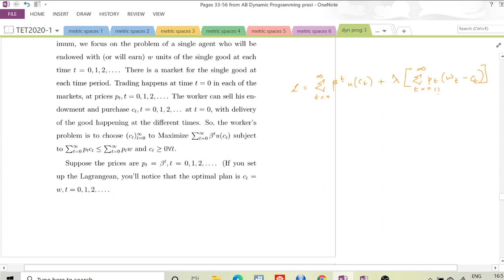Then my first order conditions will look like beta to the t u prime of c_t minus lambda is equal to 0. So that will say that my consumption will not vary with time. It will be some c for all t.